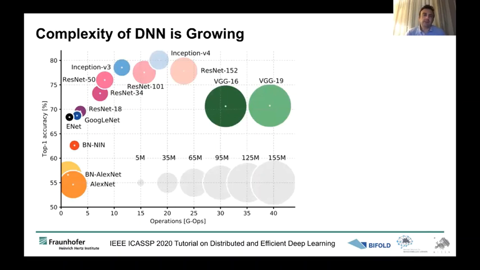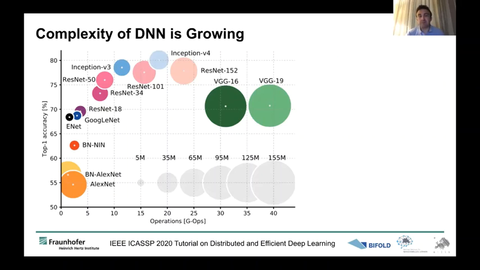You can see here on the x-axis the operations needed to perform some prediction for different networks. On the y-axis, you see the accuracy for this image classification task, ImageNet in this case. And we see that some networks, like VGG, require really huge amounts of operations for a prediction.